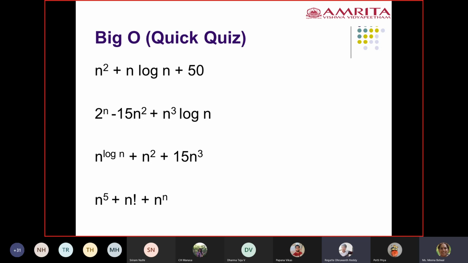Yes, okay. Anybody wants to contradict him? N to the power log n. Now all of them are polynomial, right? Dhruvant, you don't switch off your microphone. I want you to have a discussion also.